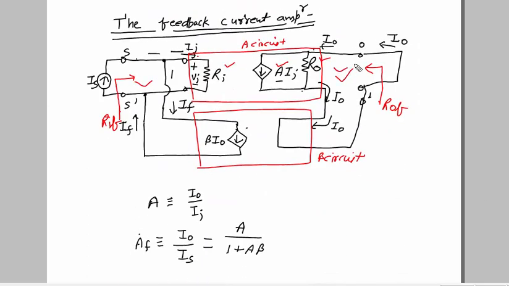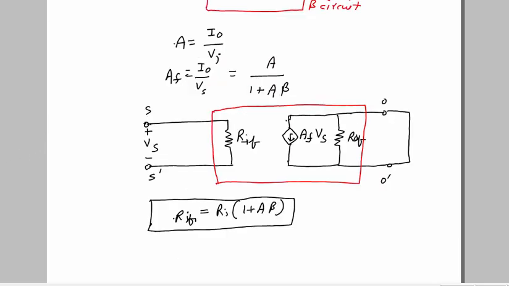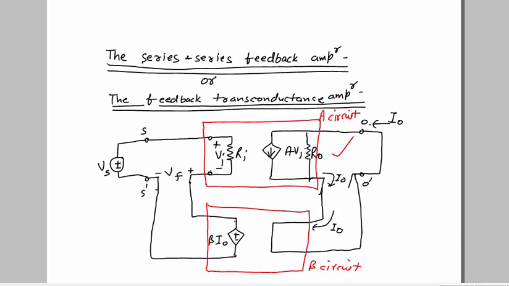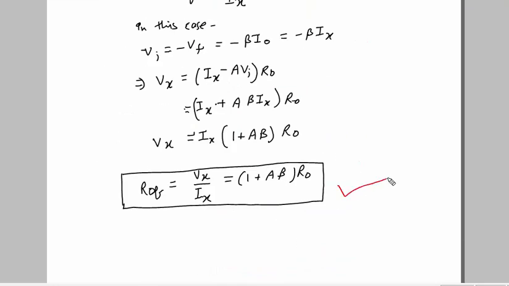Output connection is series. Okay, and this also we have studied. In the last class we studied the series feedback. Here series, for that what we got? The output resistance. Okay, so this we can write directly, ROF equals to 1 plus A beta into R naught.